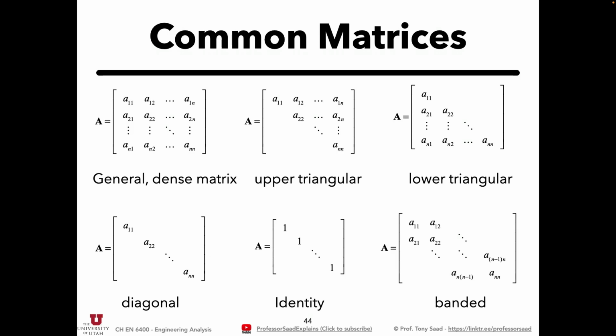You could have the identity matrix. And you can have banded matrices. So this is going to be very important for heat transfer, mass transfer, fluid mechanics. In banded matrices, you have a few non-zero diagonals. You could have 3 non-zero diagonals, 5 or 7 non-zero diagonals, and they're called banded matrices. Okay, so this is kind of about matrices.